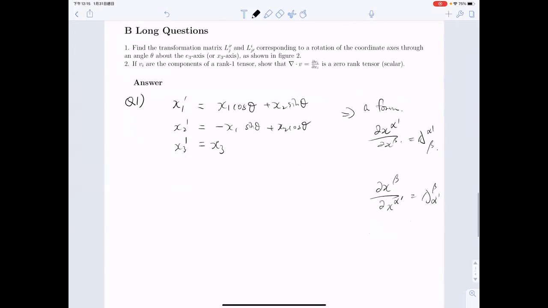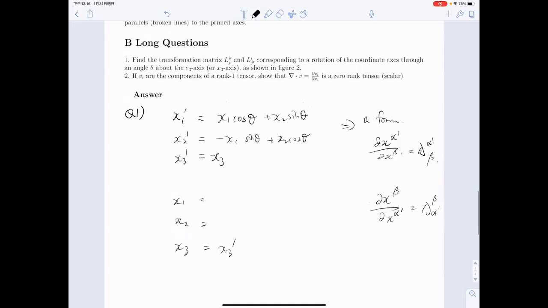How? We just write down x1, x2, x3. Here x3 is equal to x3 prime. Now we want the inverse coordinate transformation matrix, where the unprimed system is represented by the primed system, the new coordinate system.